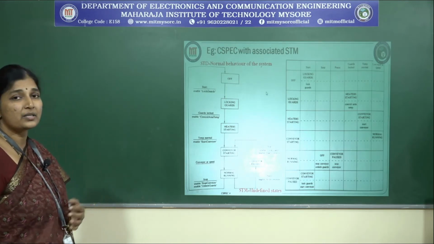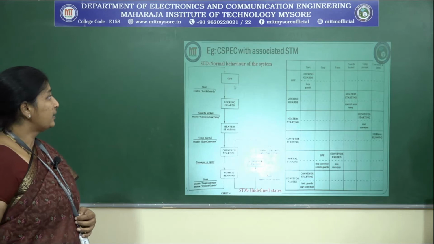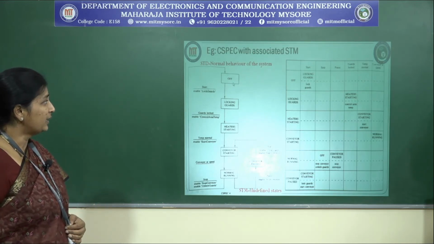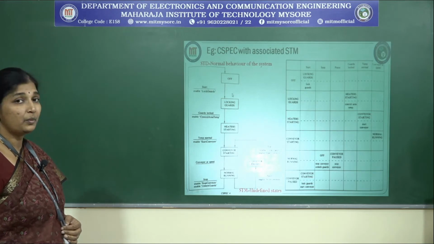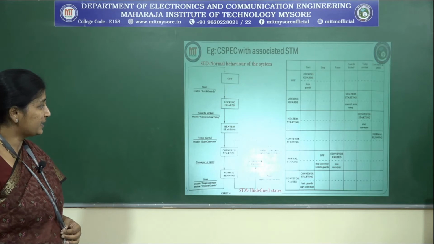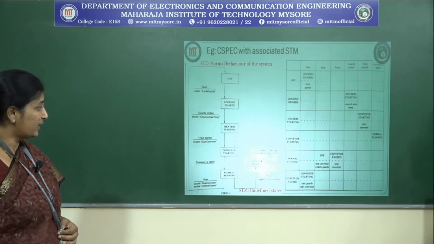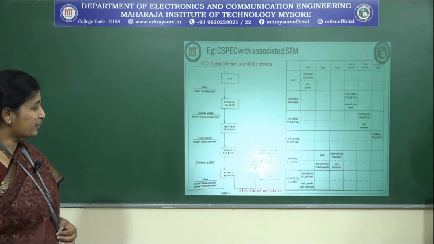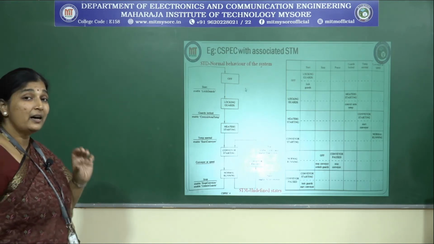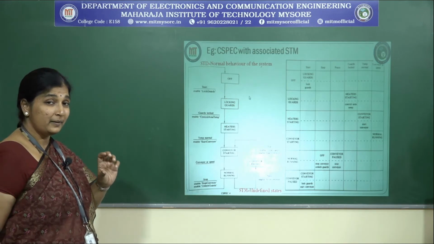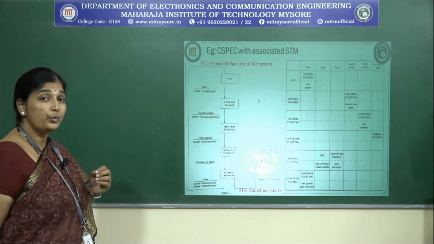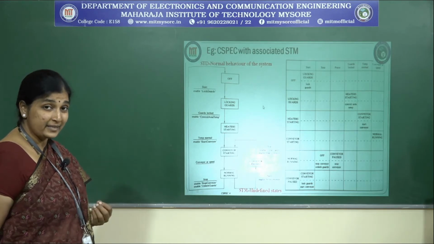Fine, let us try to understand the concept in a better way with this example. Now in this particular block diagram, what you see is off, locking guard, heater starting, conveyor starting, normal running, conveyor paused. What are all these? These are represented in rectangular boxes, correct? Which means that they are the states.